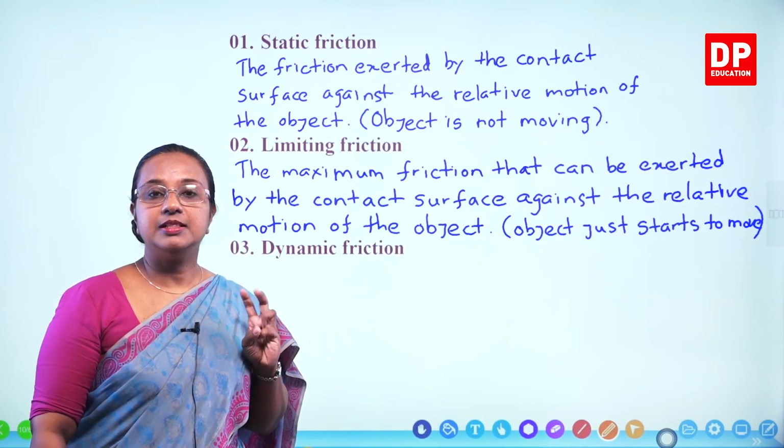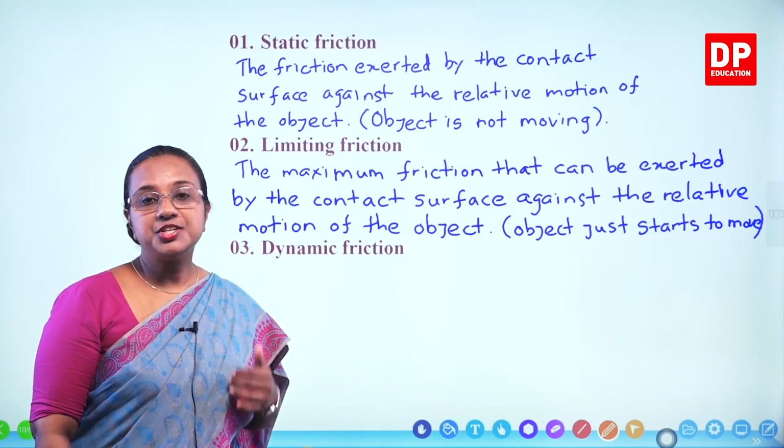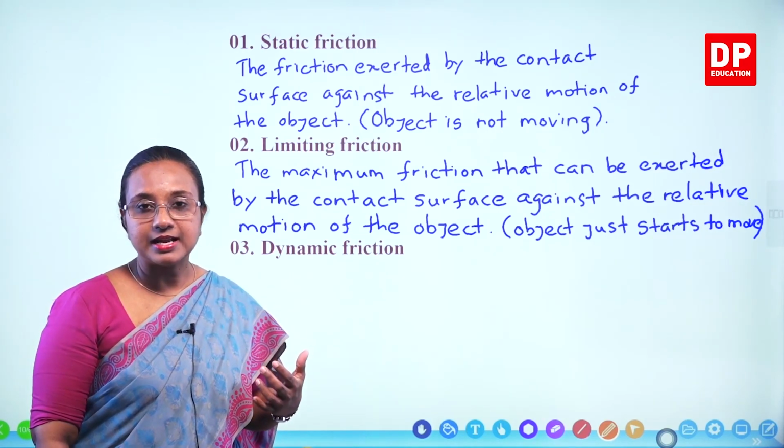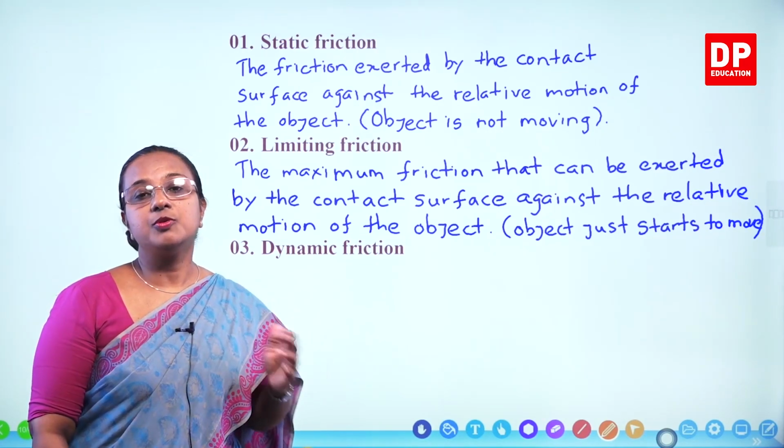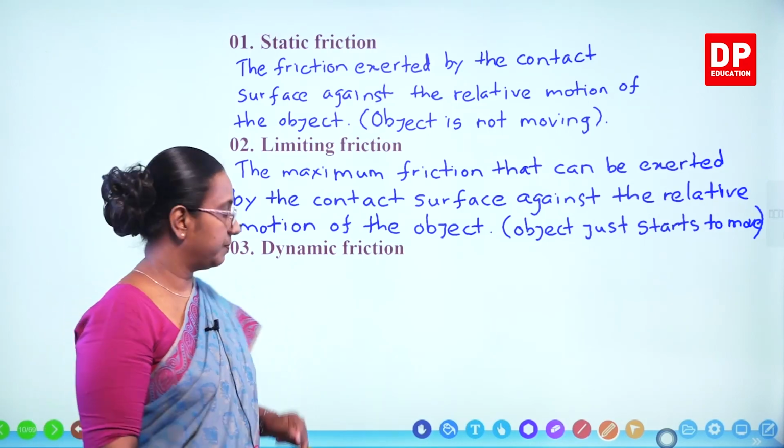And finally, the third type, the friction exerted by the contact surface against the motion of a moving object.